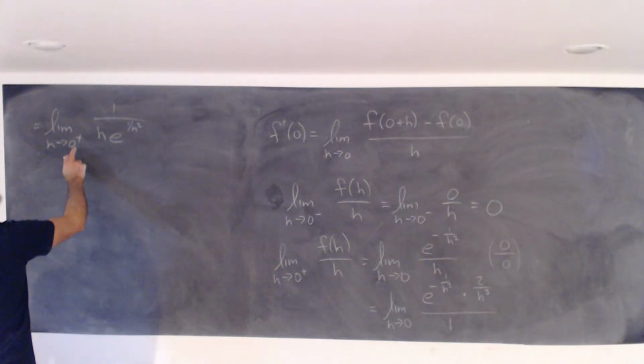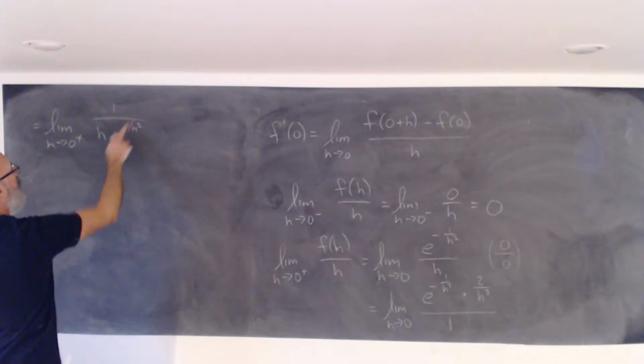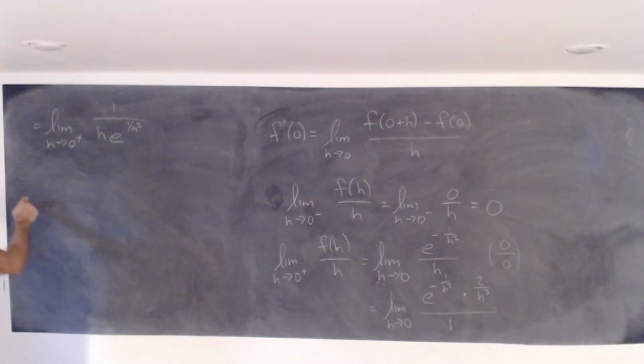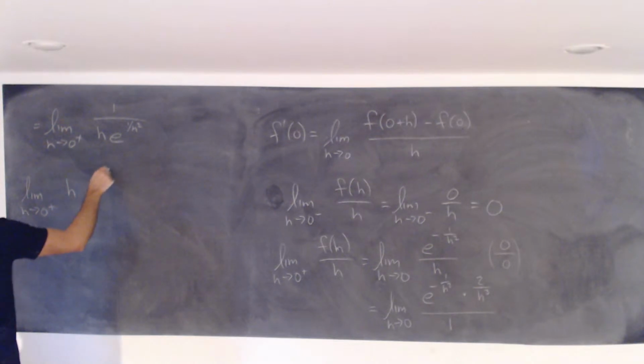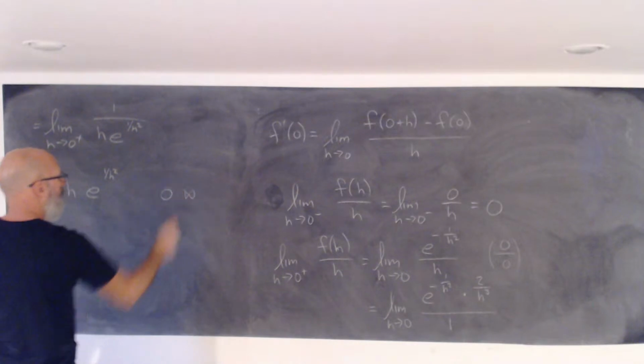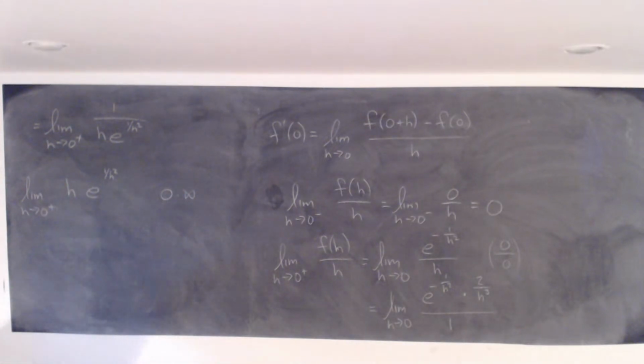And as h goes to 0, this goes to infinity. e to the infinity is infinity, and that goes to 0. So let's investigate the limit as h goes to 0 of h e to the 1 over h squared, which has the form 0 times infinity.